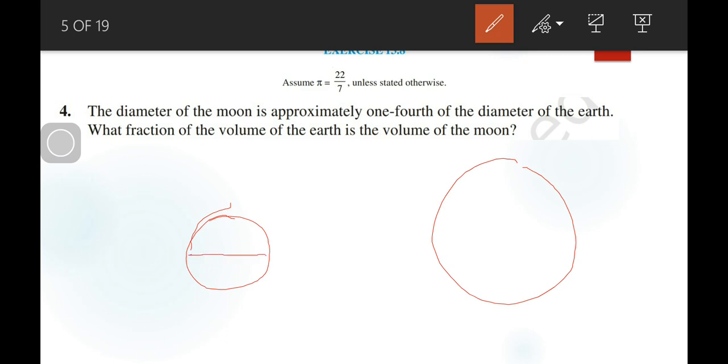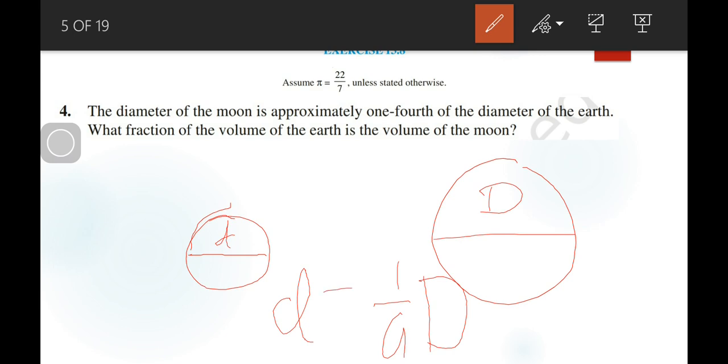Let me consider the diameter of the moon is d, and the diameter of the earth is capital D. Here it is given that the diameter of the moon, d, is approximately 1/4 of the diameter of the earth, that is D. Then we put equal, so we get the diameter of the moon is approximately 1/4 of the diameter of the earth.